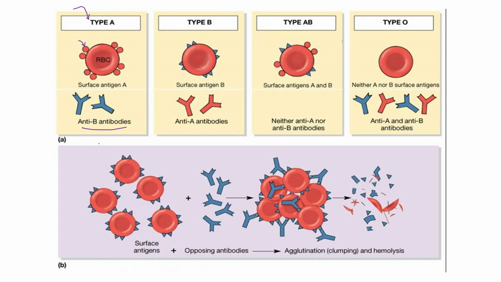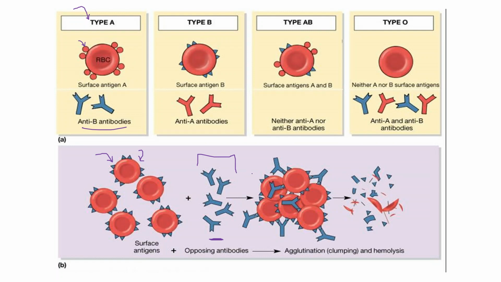So type B, we have down here, we have some B antigens on the surface, and our recipient has B antibodies in their plasma. So we have our person who is donating, and this is the person who is receiving.